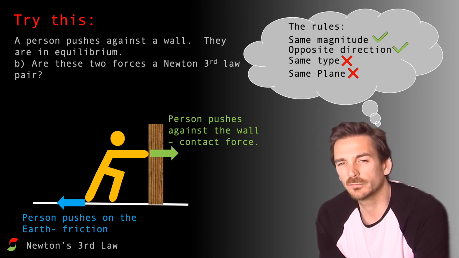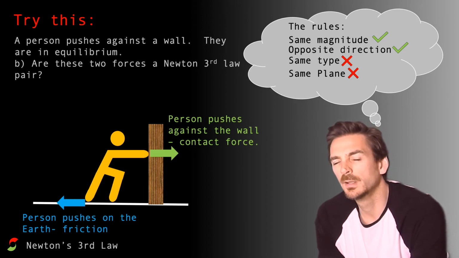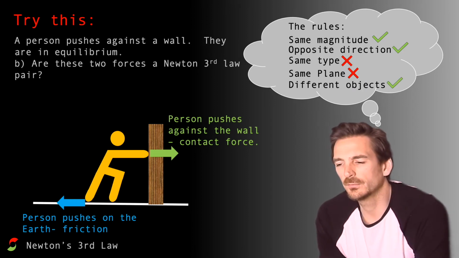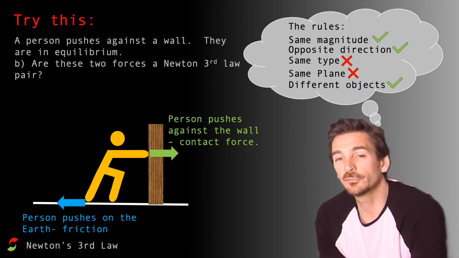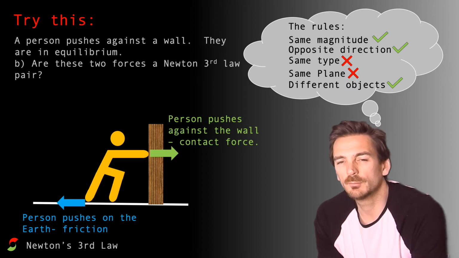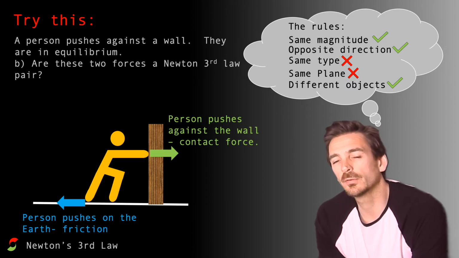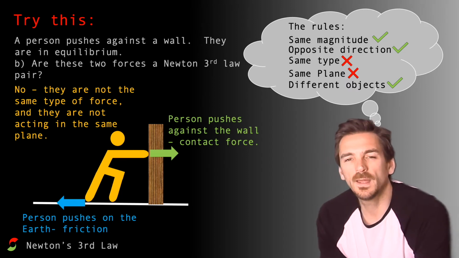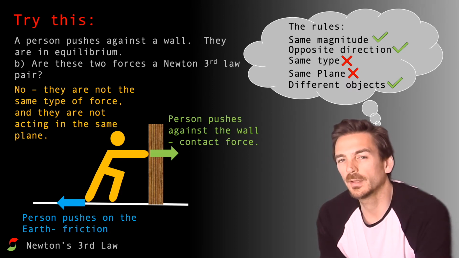No, they don't. One's much higher up off the ground than the other, so they're not acting in the same plane. And act on different objects? Well, yeah, they do act on different objects. However, two rules there have been broken, and therefore they are not third law pairs. So they are not the same type of force, they are not acting in the same plane, therefore they are not third law pairs.